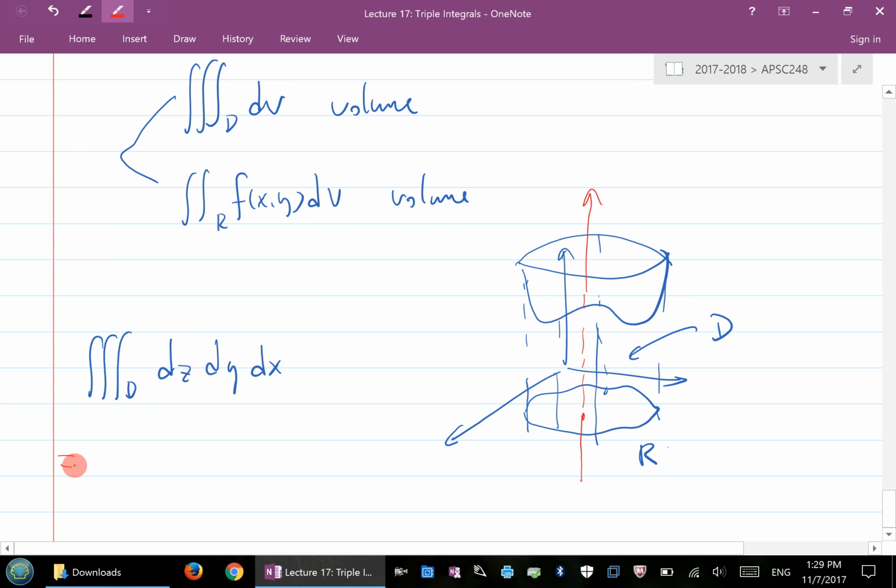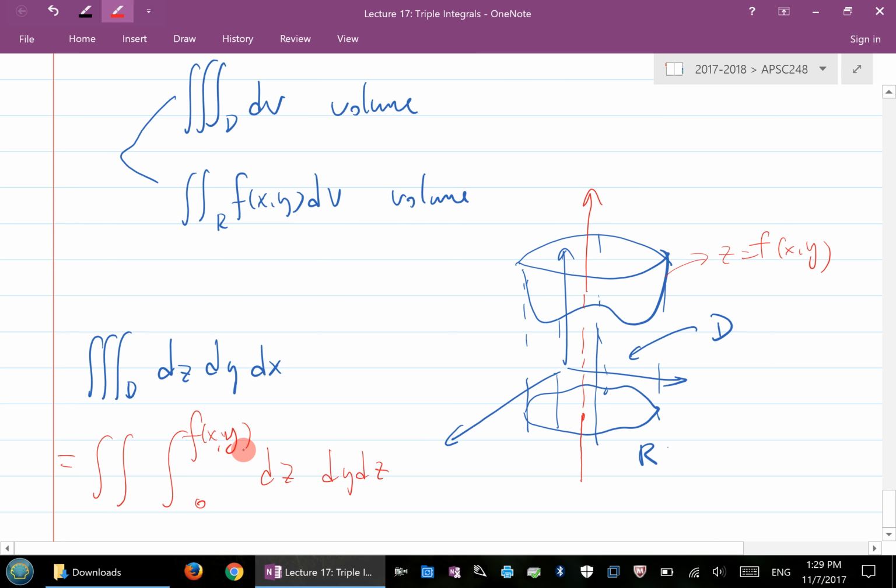That's going to give us the z limits, isn't it? The z limits give us 0 to what? From bottom to the top. The top is the surface, f of x, y.